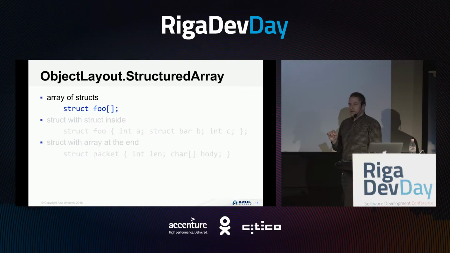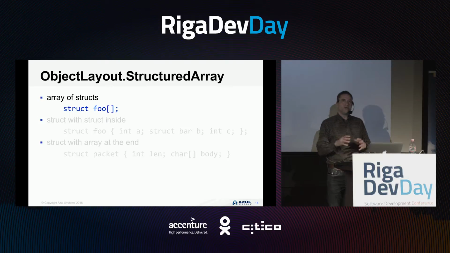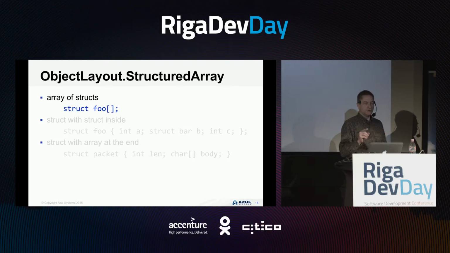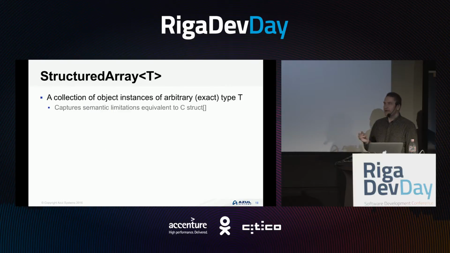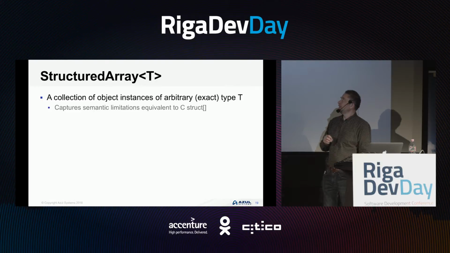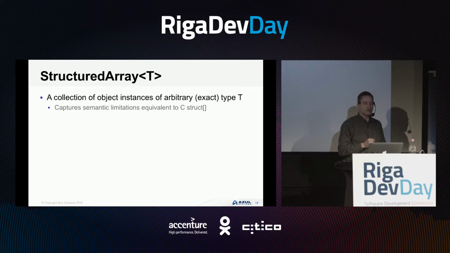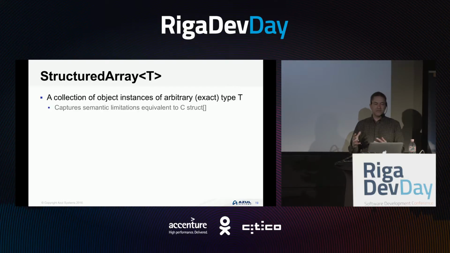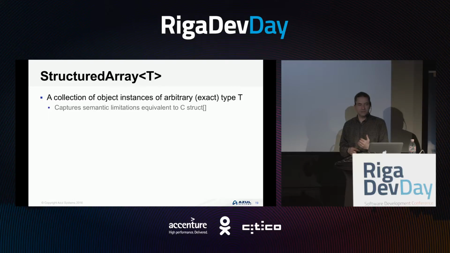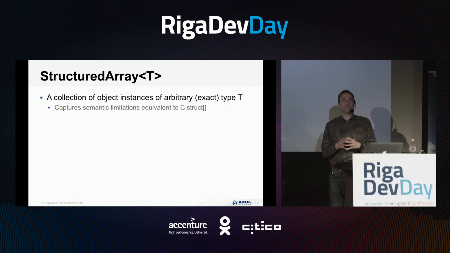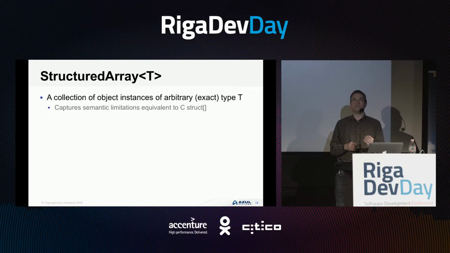Let's start then by looking at how we can deal with an array of structs. And to do that, we have a new class, StructuredArray. And this is a generic type, so it has a type parameter associated with it, T. What this is, is a collection of object instances of an arbitrary type, but an exact type.